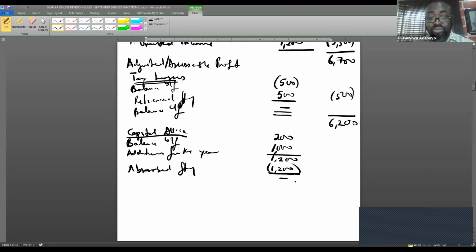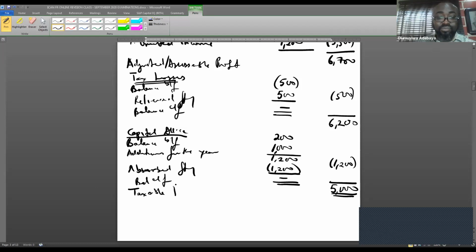Therefore, nothing to be carried forward. And by the time I deduct 1,200 from my 6,600, what will now be subjected to tax, being my taxable profit, is 5,000.